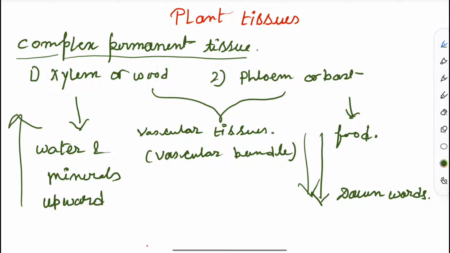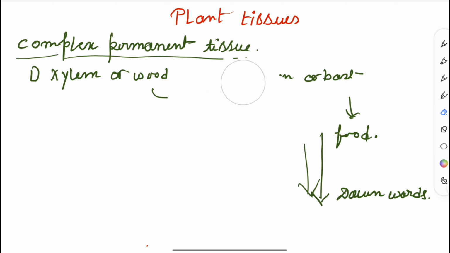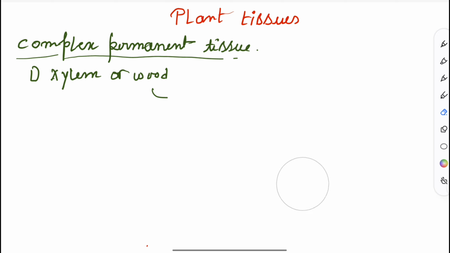So first we are going to start with xylem. Xylem is a complex tissue and it has 4 parts. First is tracheids.